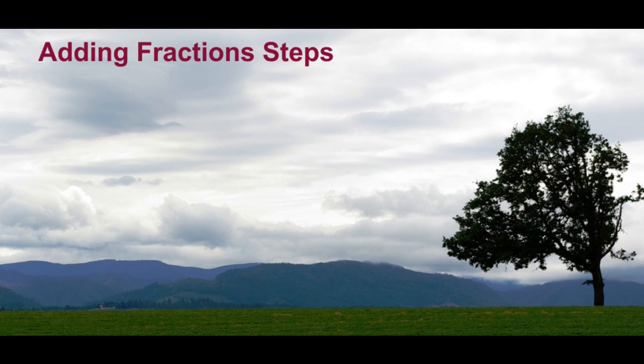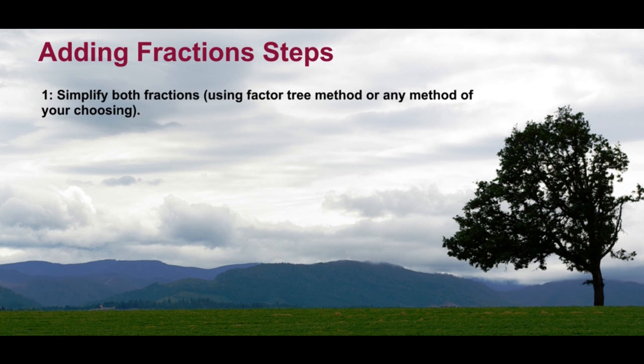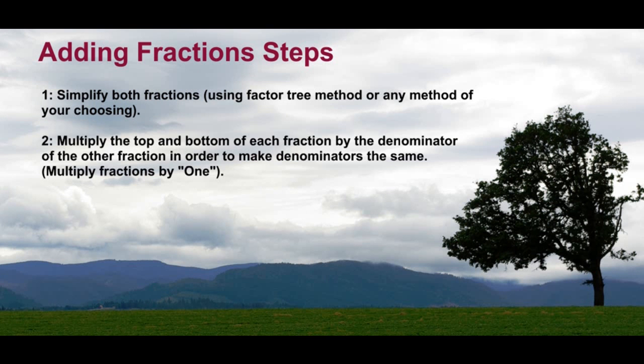All right, let's summarize the steps of adding fractions using my method that I think is a little bit easier. Step number 1. We are going to simplify both fractions using the method of your choice. I personally prefer the factor tree method. Step number 2, we are going to multiply the top and the bottom of each fraction by the denominator of the other fraction in order to make the denominators the same.